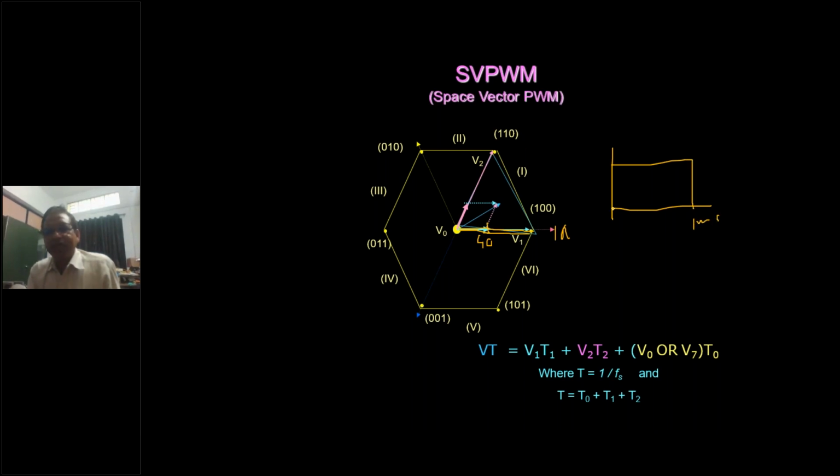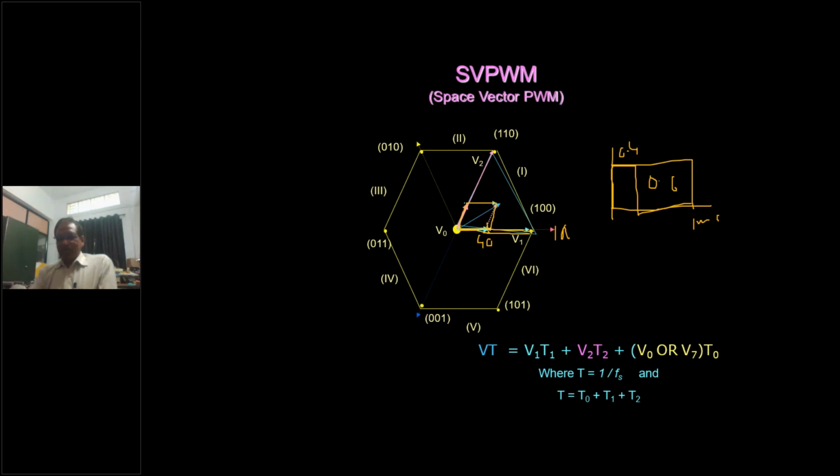I will make this vector on for 0.4 millisecond, and for 0.6 millisecond it is off. So the resultant vector is 40. Similarly, I will consider this also, and the resultant of this is my desired vector. So I will get the desired vector.